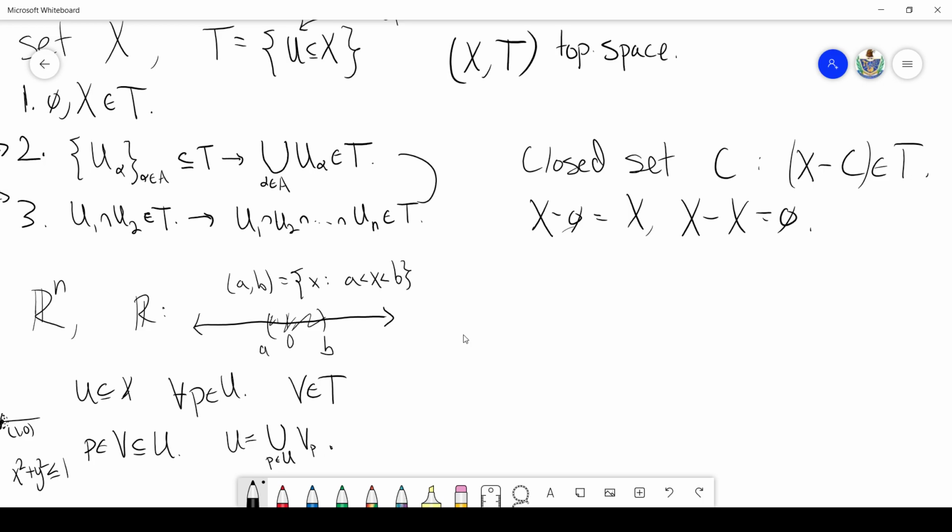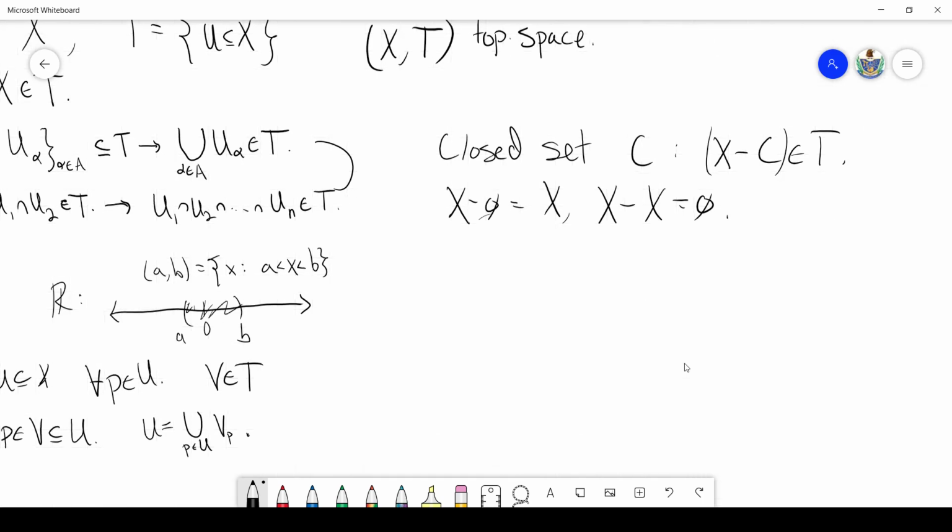Also, in relation to 2 and 3, we can use De Morgan's laws, which basically say that the union of complements is going to equal the complement of the intersection of the sets, and vice versa.